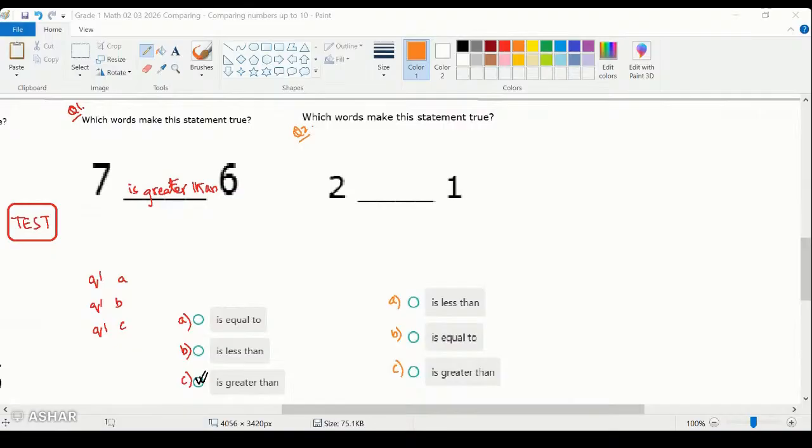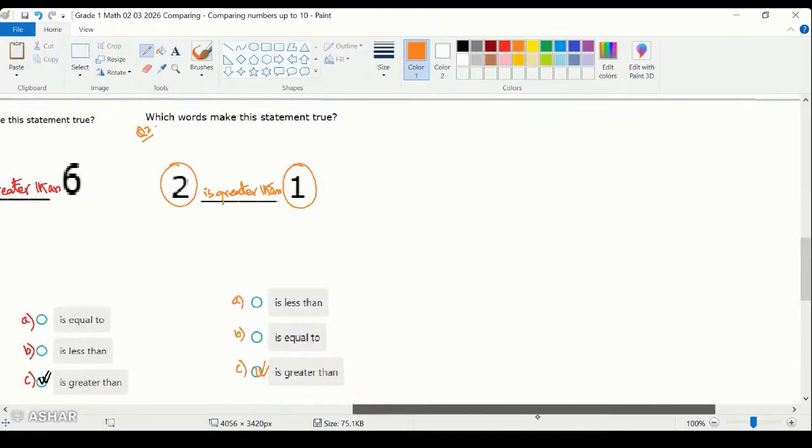So which statement would we use? 1 is less than 2 or 2 is greater than 1? We will look at which number is written first, right? Perfect. Thank you. So since 2 is written before 1, we will say this is greater. Great. Let's move ahead to question number 3.